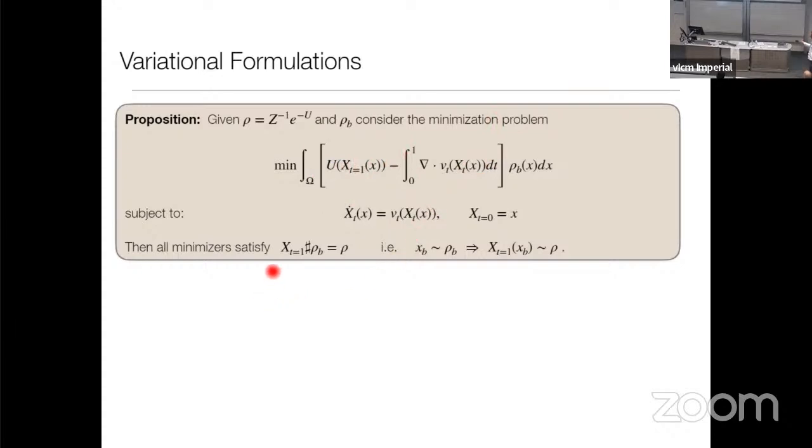And again, in this case, what you can show is that all minimizers are such that the push forward by this minimizer of the base is the target, or that you can create independent samples from the target by pushing forward independent samples from the base.